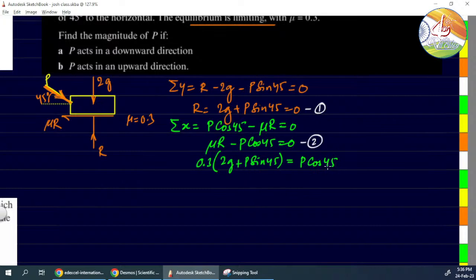Now P is the only unknown here, we have to find it. 0.3 into 2g equals P, if we take common, we get cos 45 minus 0.3 times sine 45, na? So find P.